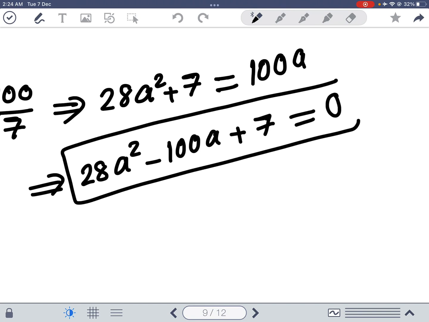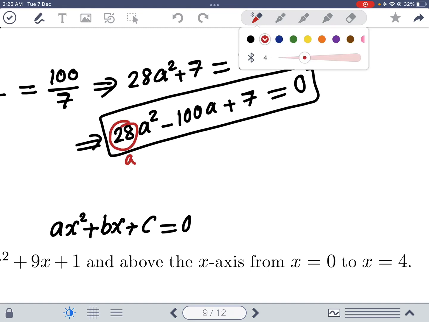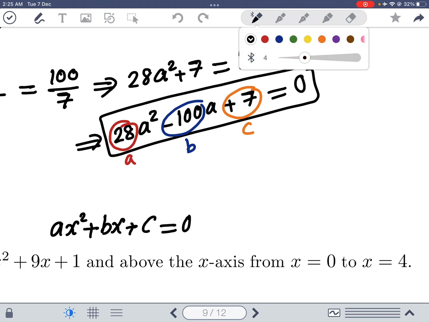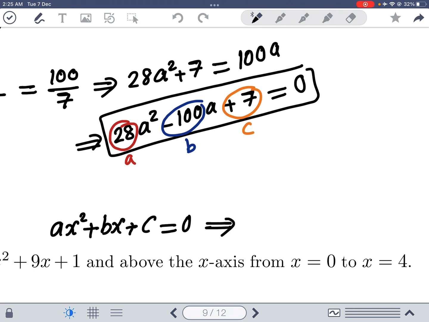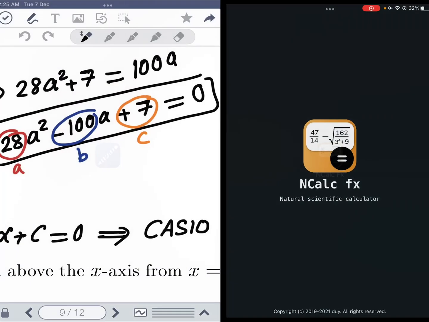This is a quadratic polynomial. Remember, ax squared plus bx plus c equals 0. In this case, this is our a, this will be our b, and this will be our c. There is a way to do it with the calculator, so let's use the Casio calculator. We give it a, b, and c, and it gives us the answer.